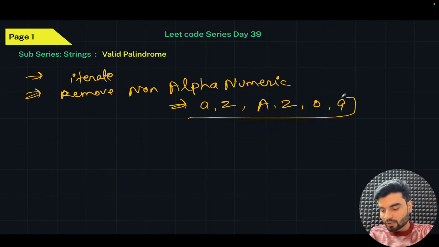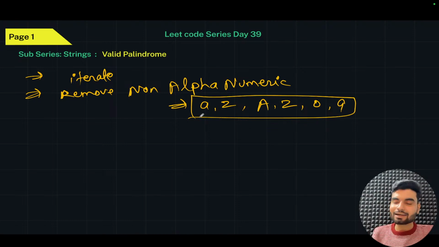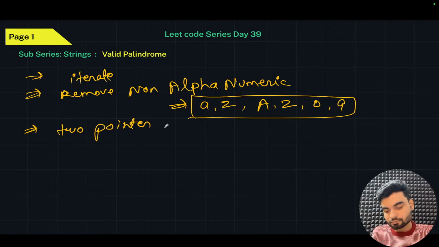These are the alphanumeric characters; you can only have these, not others. Once you have removed them, the third step comes: apply a two pointer approach to check palindrome.